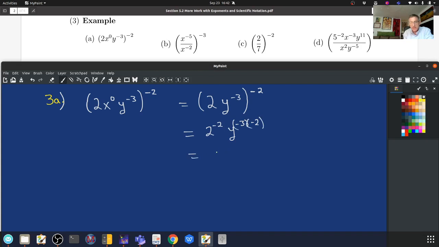So let's go ahead and simplify. So 2 to the minus 2, I'm going to drive that down underneath the division line so it will become positive. Y to the minus 3 times minus 2 is y to the 6th. So the only thing remaining for me to do is, I don't know what y is, so I cannot tell you a value of y to the 6th. This is a variable term, but I can tell you the value of 2 squared. That's 2 times 2. So it's y to the 6th divided by 4.